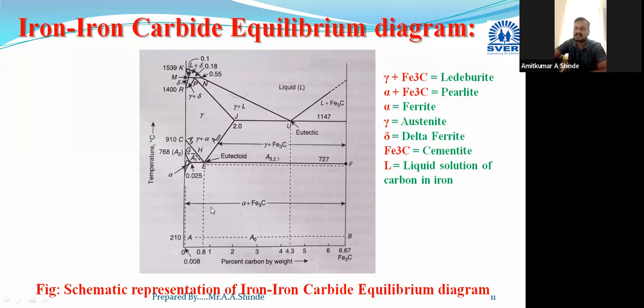Please see carefully here. Suppose any alloying element you have added, you know which alloying element is austenite stabilizer. Now here in the iron carbide diagram, you can see.